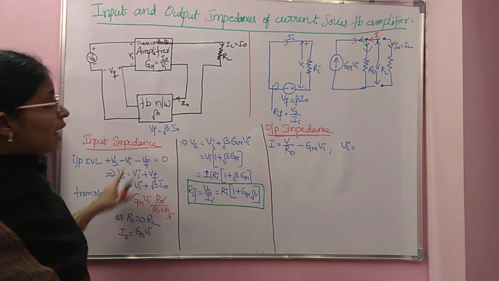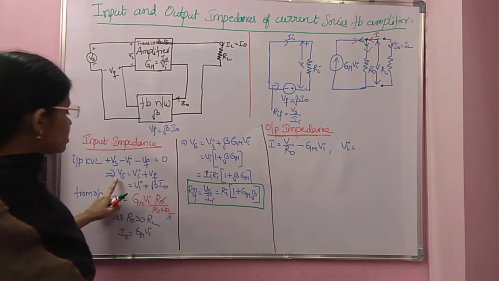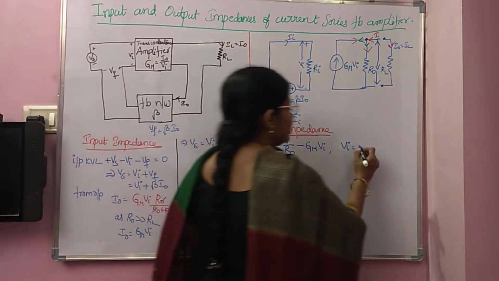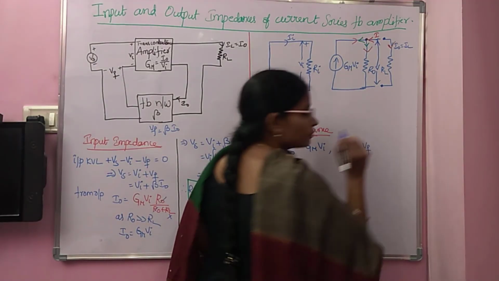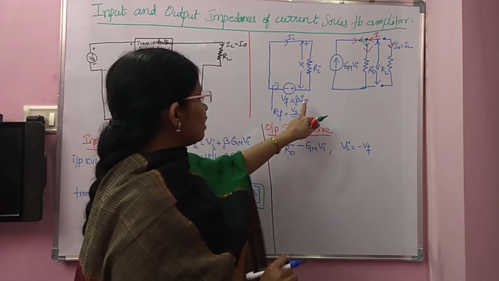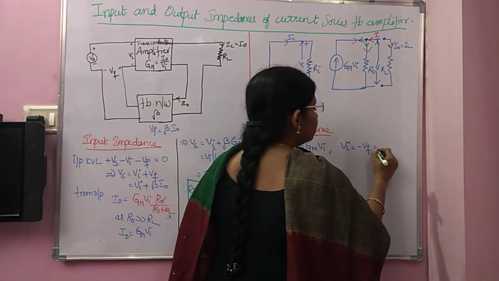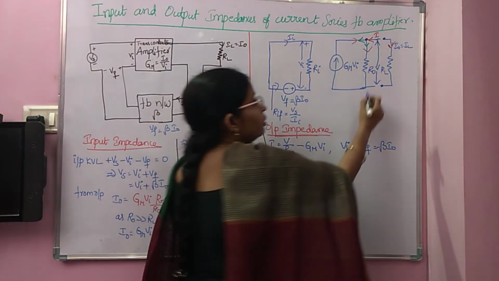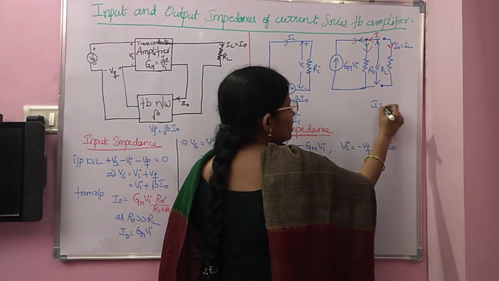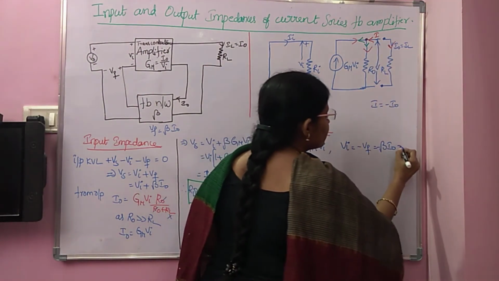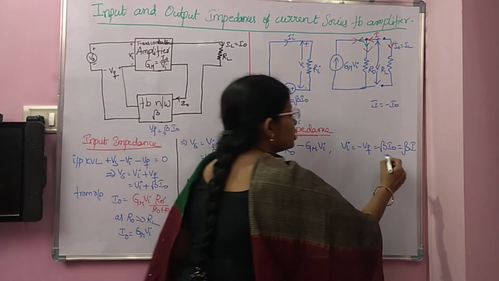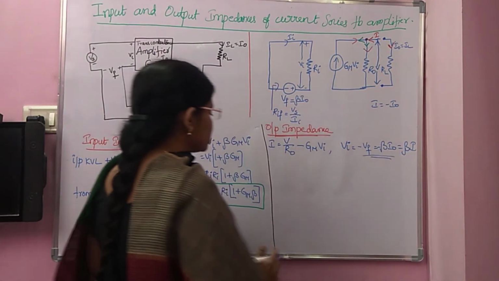As you have shorted Vs, it becomes 0. So Vi is minus Vf, that is minus beta I naught. And I already told you, I is equal to minus I naught. So you can write it as beta I. Now you substitute this in this expression.